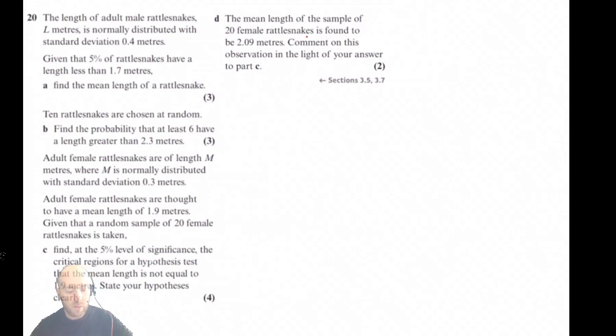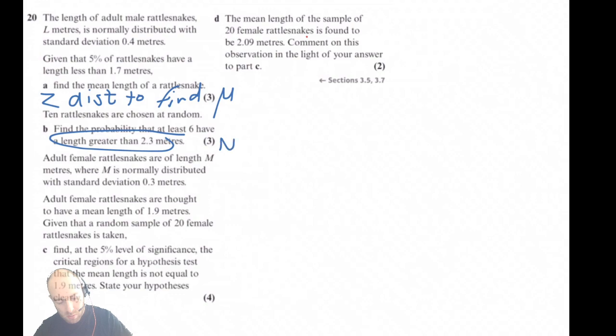Okay, yeah, normal with Z. So we're trying to find mu, so we need to use the Z distribution to find mu. Cool. Part B is normal and binomial. Well spotted, Dan. Yep. So normal because we've got to find this bit with normal. The rest is then binomial because we've got at least 6. So that bit there, binomial.